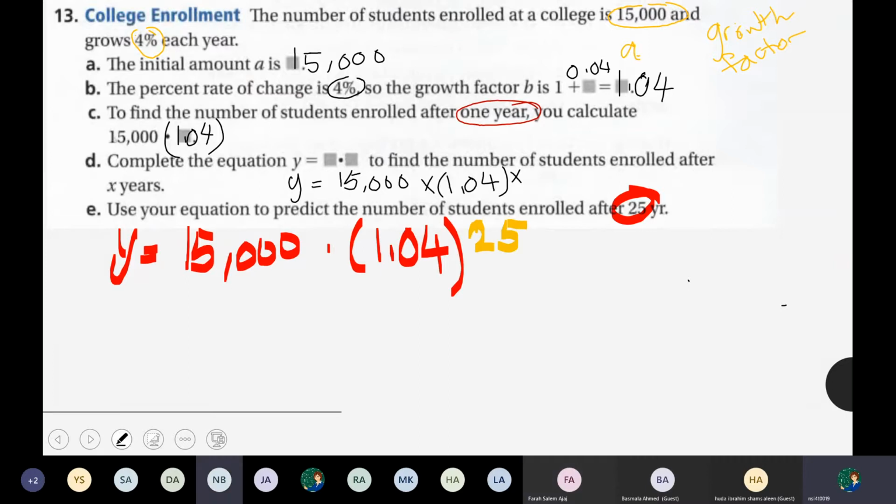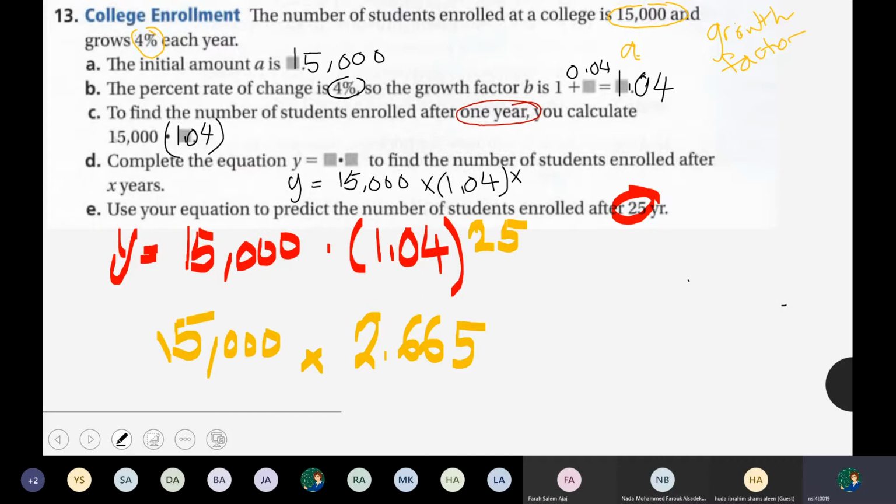So 1.04 raised to 25 is 2.665 multiplied by 15,000. The answer is 39,975 students.